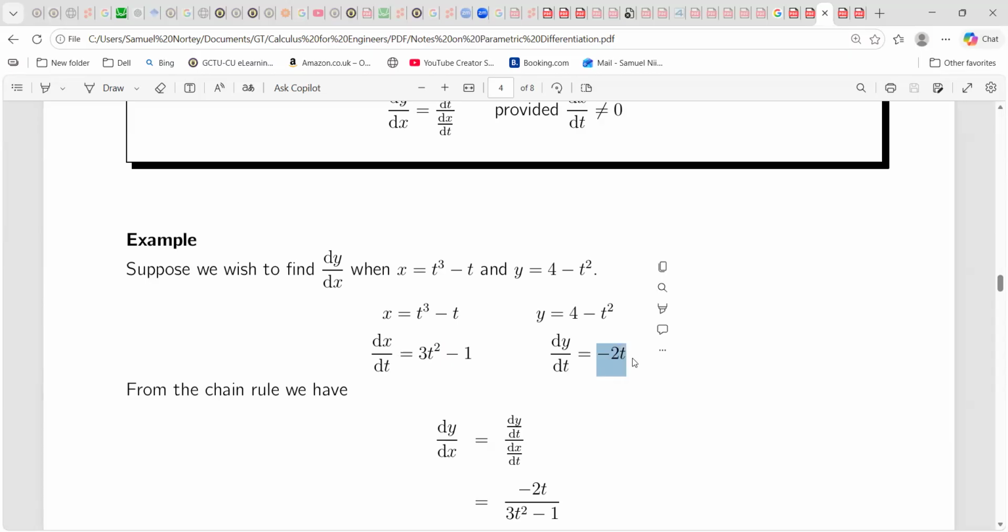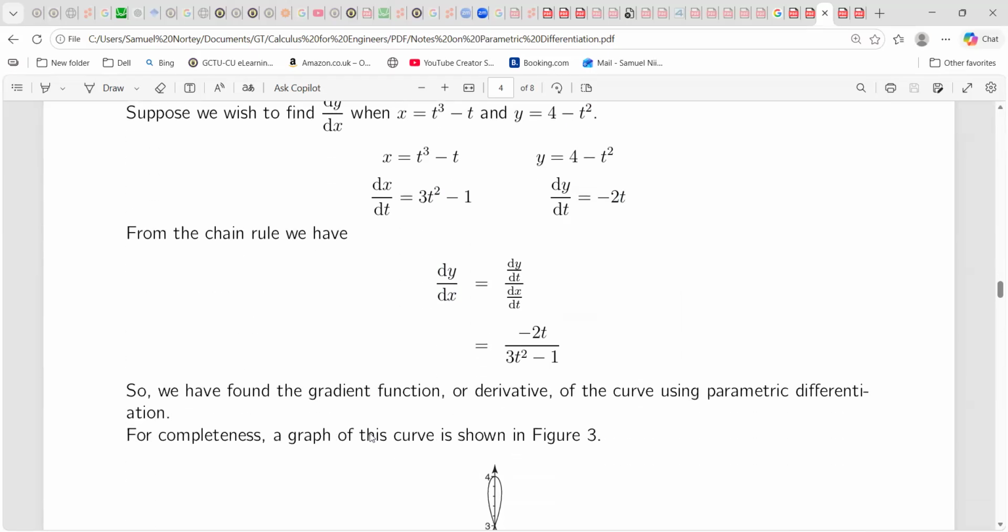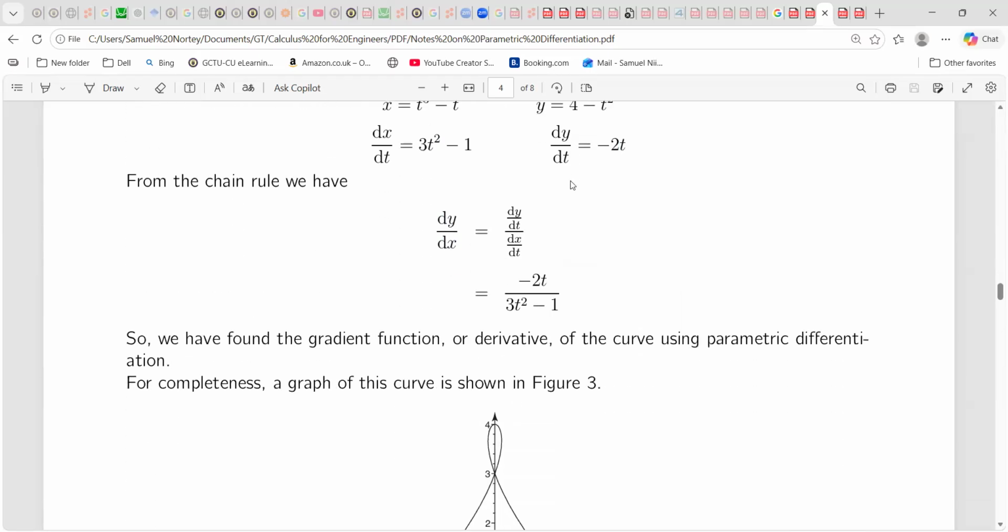When you differentiate 4, it goes to 0, but if you differentiate negative t squared, it gives you negative 2t. So dy/dx will be negative 2t, all divided by 3t squared minus 1. And then you realize you are done.